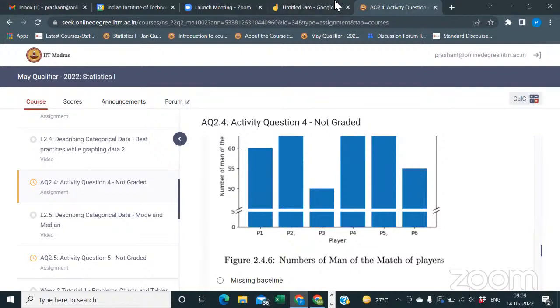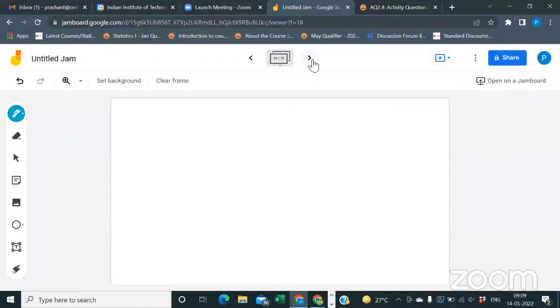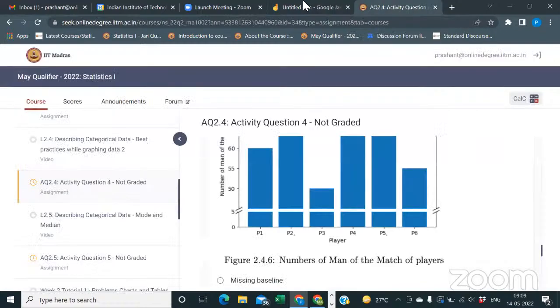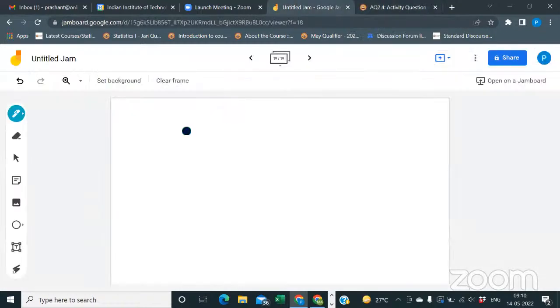Okay. See, suppose some bars are there, and suppose I'm writing 0, 5.